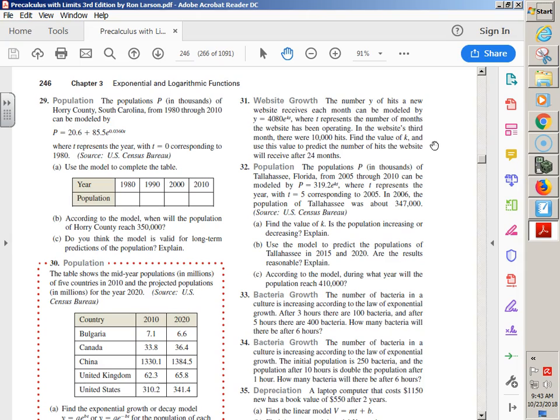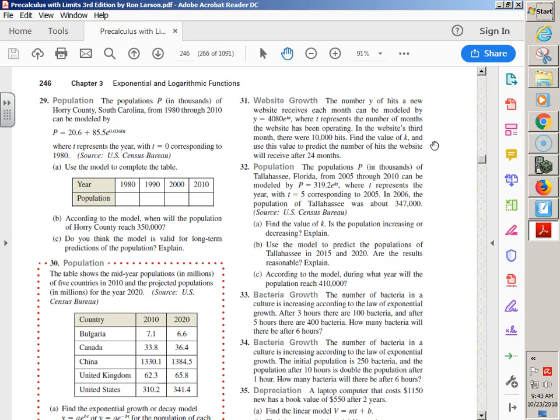A clue. If t is months, after 3 months, how many hits? So can't I say when t is 3, the amount is 10,000? Couldn't I solve for k? Yes. After I solve for k, couldn't I then plug in and have a new model where I can plug in 24 months and see what's going to happen? These are, in a sense, more short and sweet.